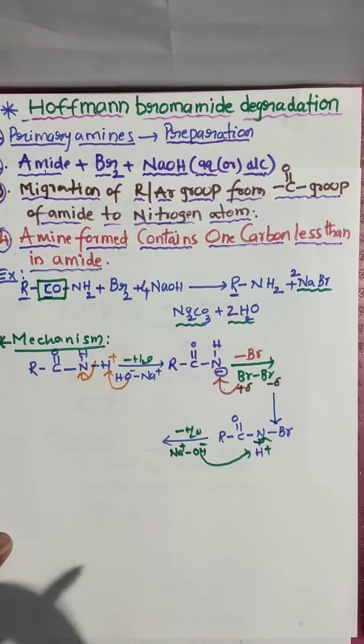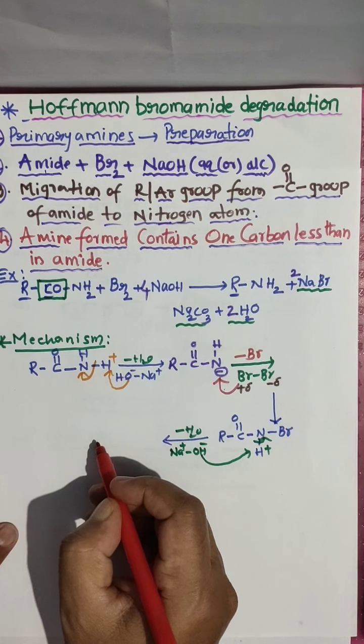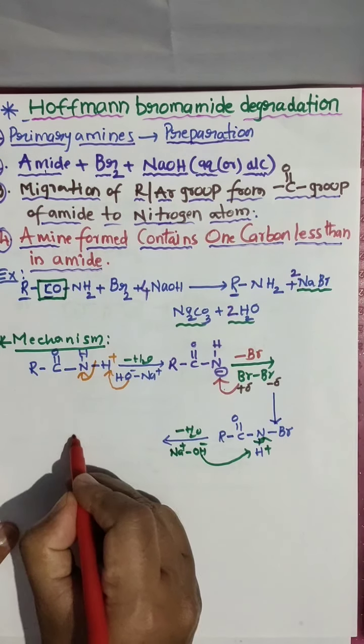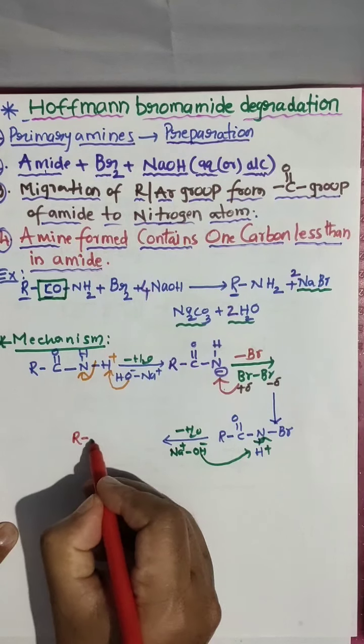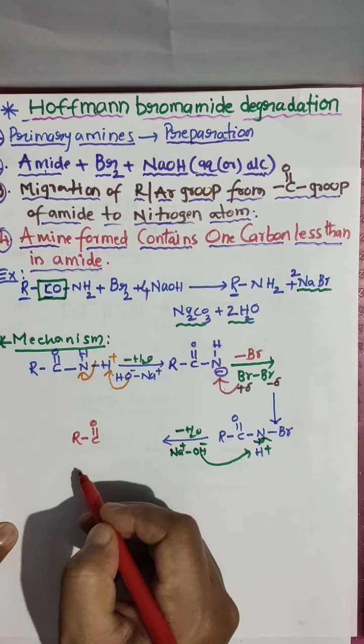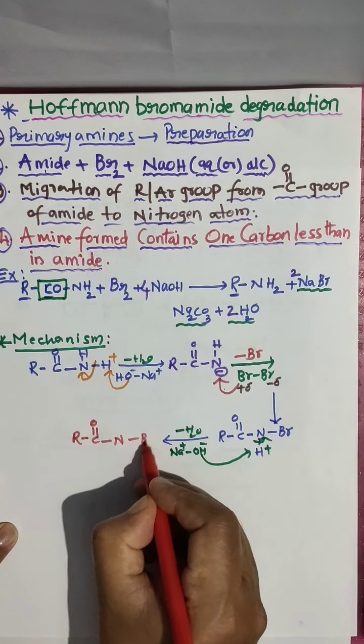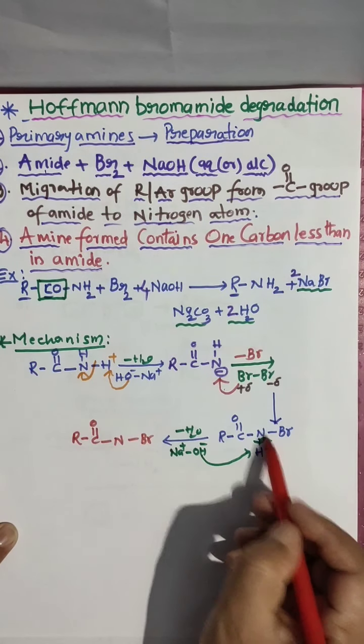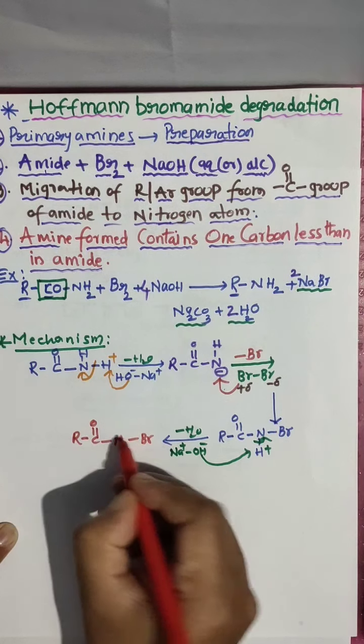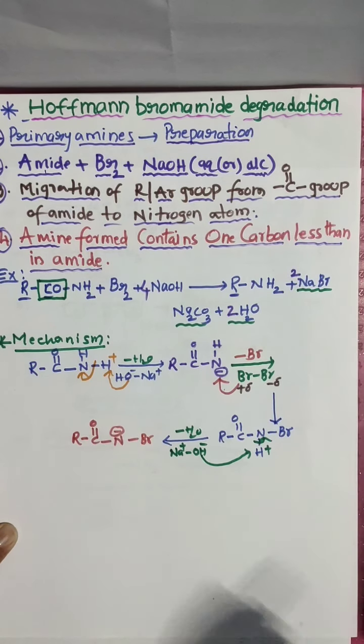The next step intermediate you are getting is R-C(=O)-N-Br. We shifted the bond towards nitrogen. Nitrogen getting negative charge.